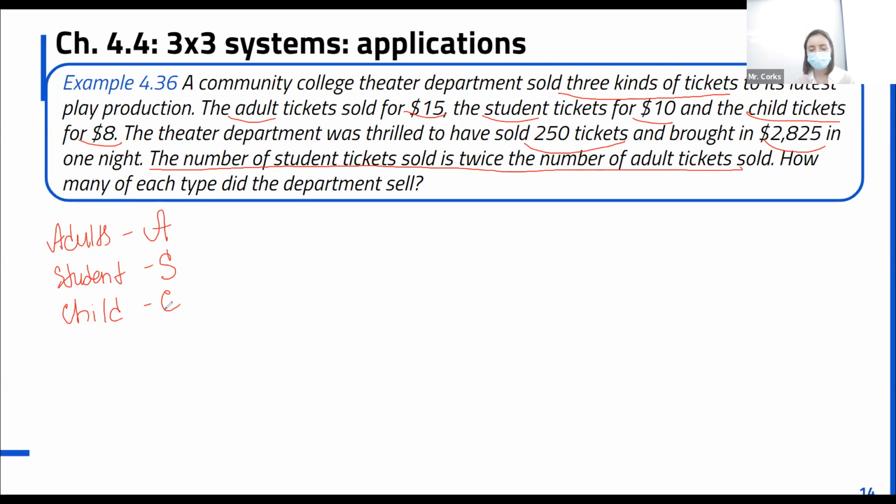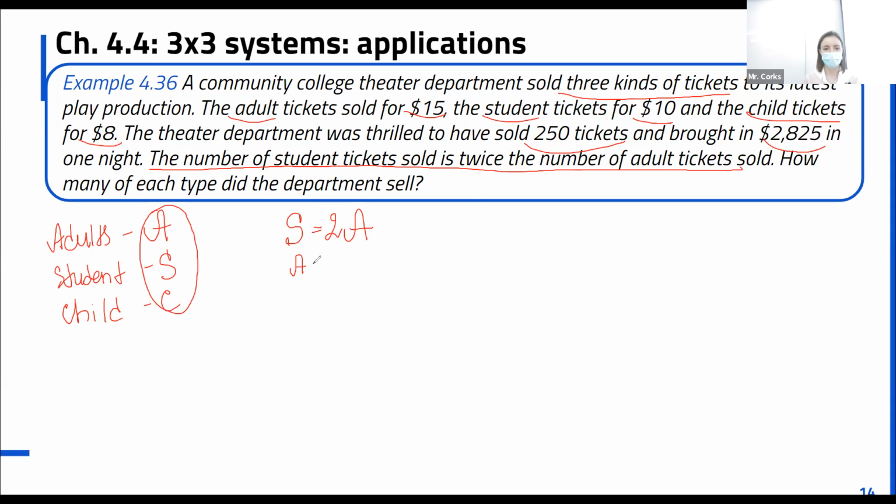So let's get to it. What do we have? Firstly, let's take a look at the easiest part. Student tickets are twice the number of adult tickets. So if S is the number of student tickets, then it will be 2 multiplied by the number of adult tickets. Then, as we had in the previous task, the overall number is 250, and all these are numbers of the types of tickets.